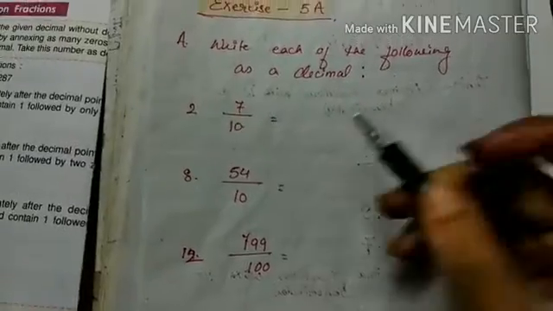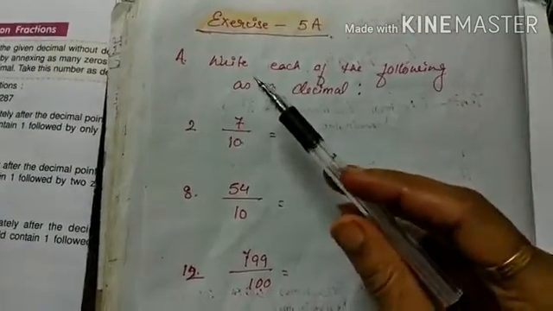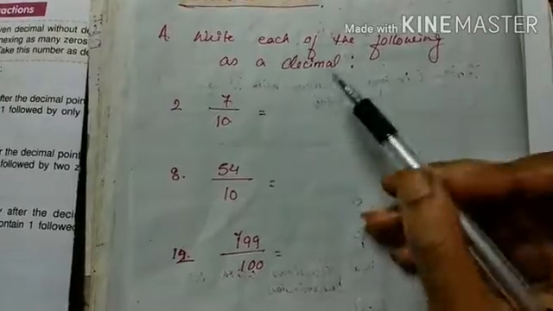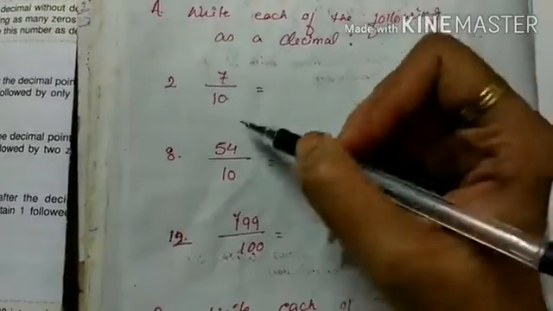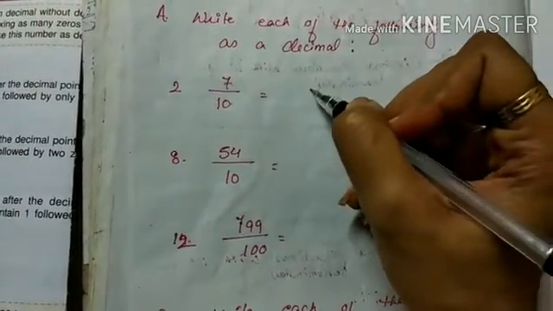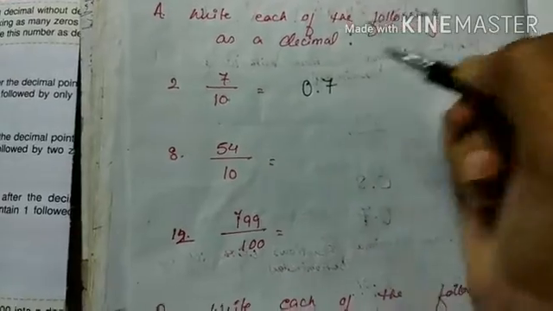Let's solve the exercise. 5A. Write each of the following as a decimal. 7 by 10, so 1 place of decimal, so 0.7.